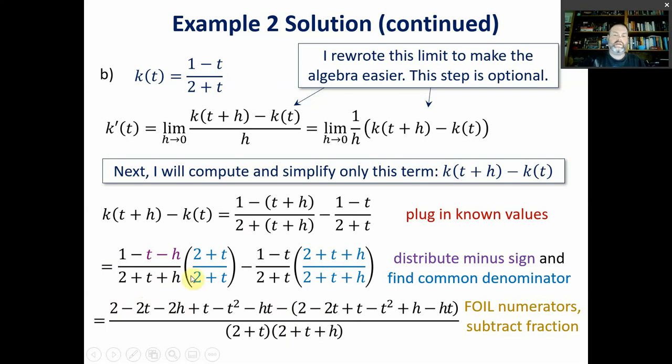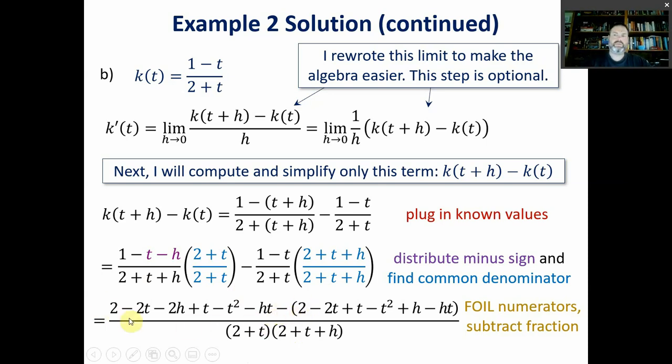Notice the denominator, you don't FOIL, right? Just always leave the denominators alone, okay? Trust me, it's extra work you don't need to do, and it's easier if you don't FOIL them, the denominators. So we simplify that numerator. It turns out everything's going to cancel in this numerator. So 2 and the minus 2 here, those cancel.